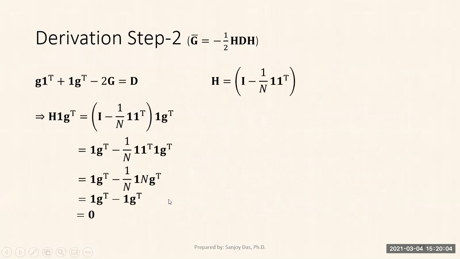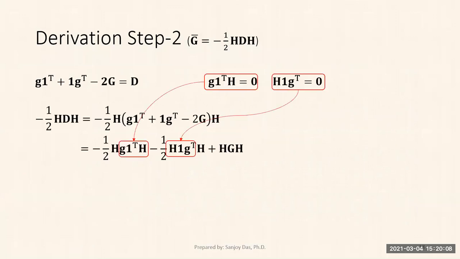Okay, so this is 0. So derivation step 2 is actually relevant. So this is step 2 of the derivation. I just realized that H1 was equal to 0 right now. Yes, it is. Otherwise, when I did the derivation, I didn't realize that.